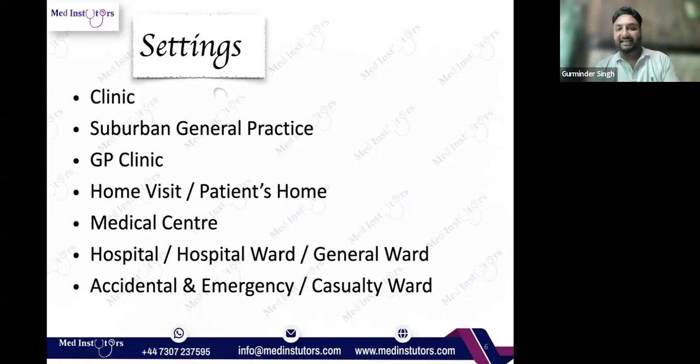Same with patient's home. Then we have medical center, where we can say in this medical center. Then we have hospital, hospital ward, general ward, then accident and emergency. Sometimes you may find a short form, A&E department, casualty ward. This is how we have different settings in our speaking role play scenarios.